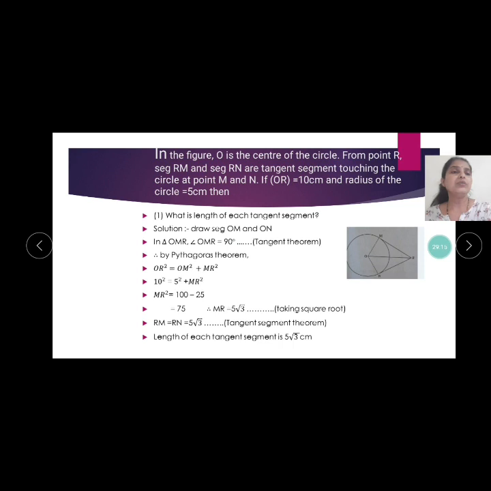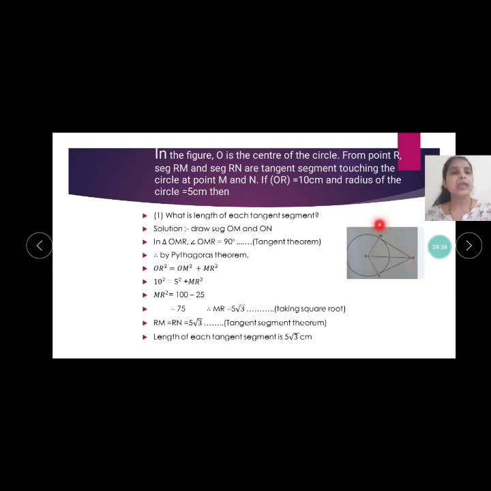Okay. Now here this particular angle, that is angle OMR, is 90 degrees, right? So which theorem do we have to apply? We have to apply Pythagoras theorem. So by Pythagoras theorem, OM square plus MR square is equal to OR square, right?